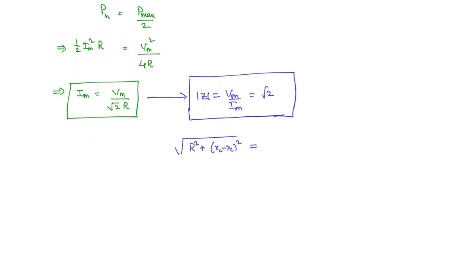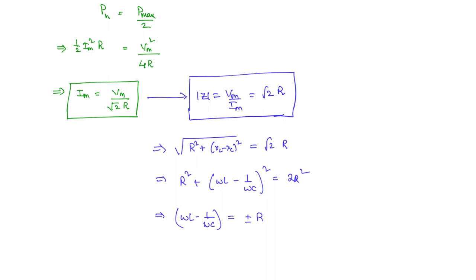So this is equal to root 2 times R. If you square on both sides, then you are going to get R square plus XL, which you write as omega L, minus XC, which is 1 by omega C, whole square. This is equal to 2 R square. Further, if you simplify, you are going to get omega L minus 1 by omega C is equal to plus or minus R, the resistance value.